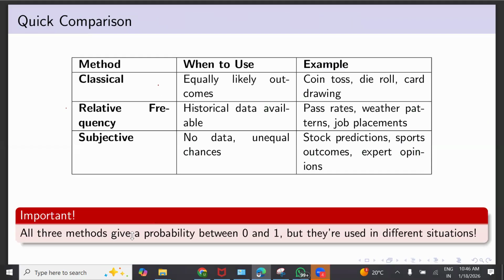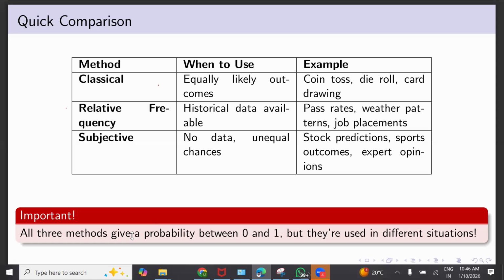So quick comparison. There are 3 methods we learned today: classical method, relative frequency method and subjective method. You use the classical method when the outcomes are equally likely. Relative frequency, when historical data is available. Subjective, when there is no data or equal chances.